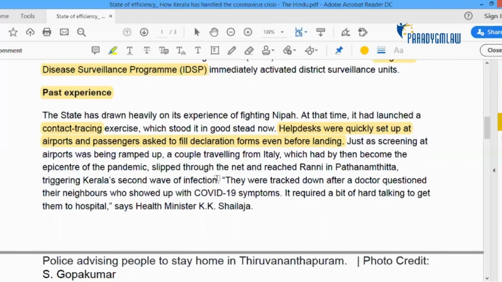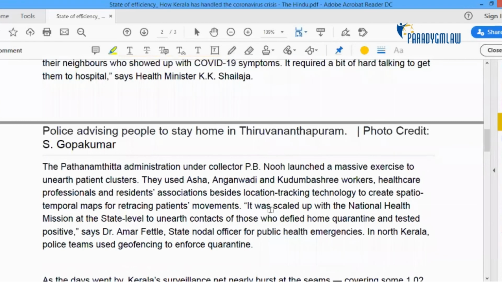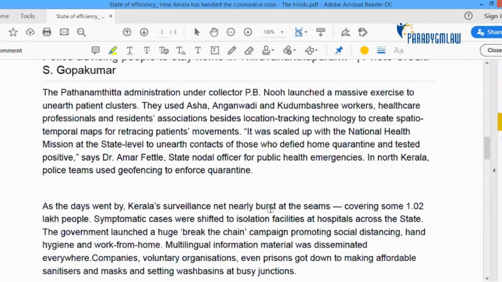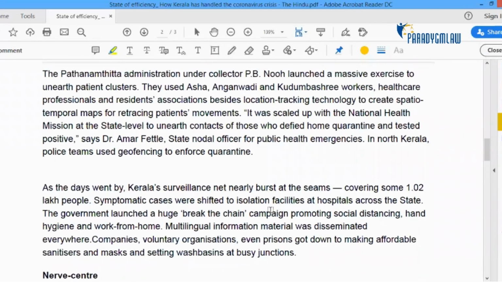So the second wave of infection has been talked about, and we have looked at this in the previous passage as well. The term patient clusters is nothing but when a number of patients are found in a particular area or even a household. So you would term them a cluster.